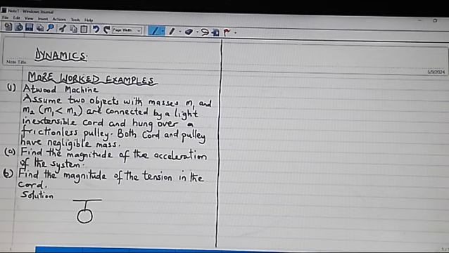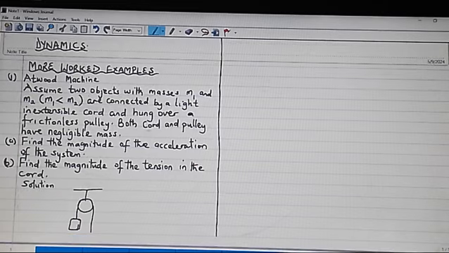So this is one of the masses. Let's call this one M1. And we have another mass, M2. So this is M2, this is M1.